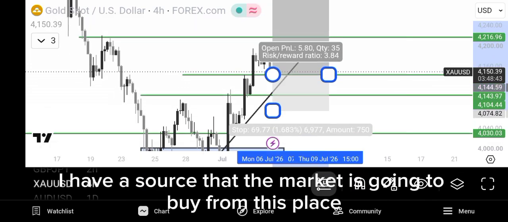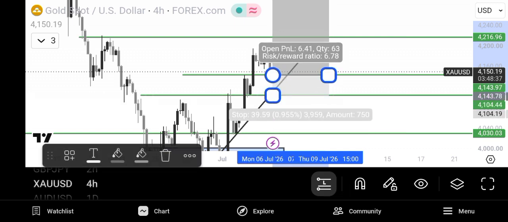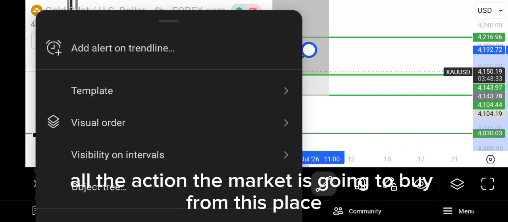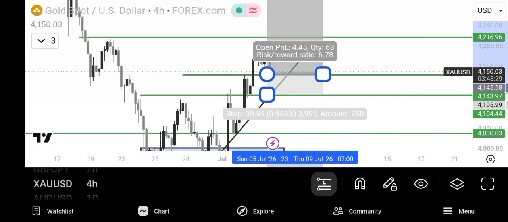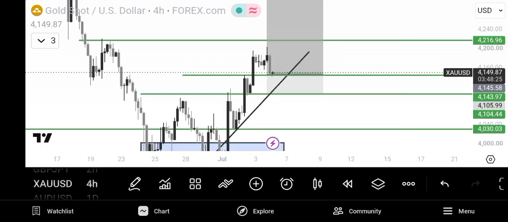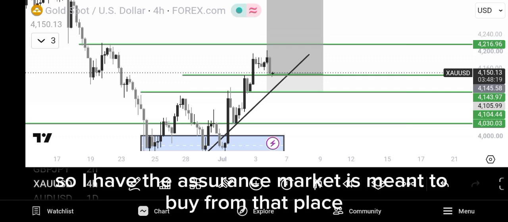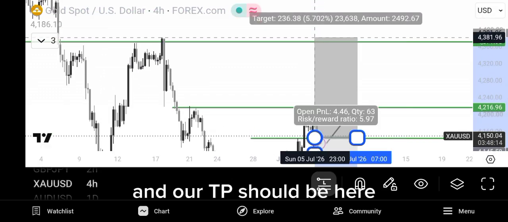I have the assurance that the market is going to buy from this place, because the market bought from this place before and started going up. So let's put our stop loss here, and our TP should be here.